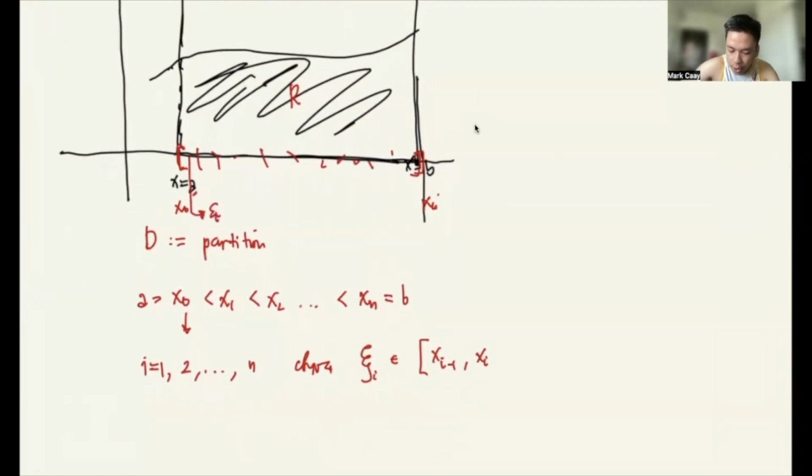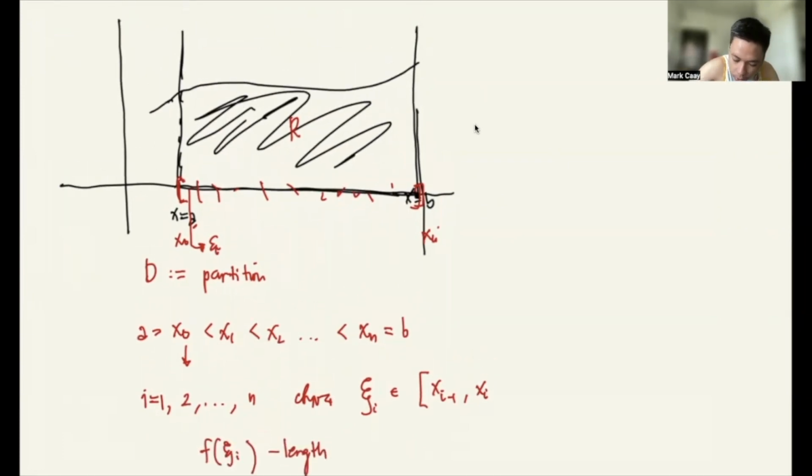And then for that, we construct the i-th rectangle with length equal to f of chi sub i. Given that you take chi sub i, you construct a rectangle whose length, when you plug in chi sub i, is f of chi sub i. That is your rectangle. And this is the width of our rectangle.